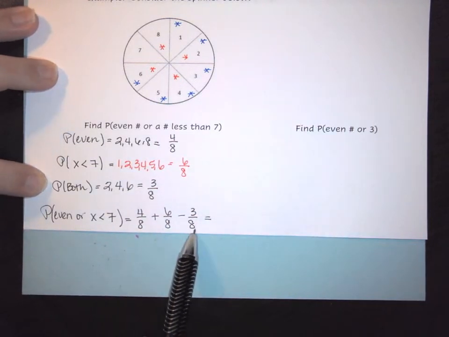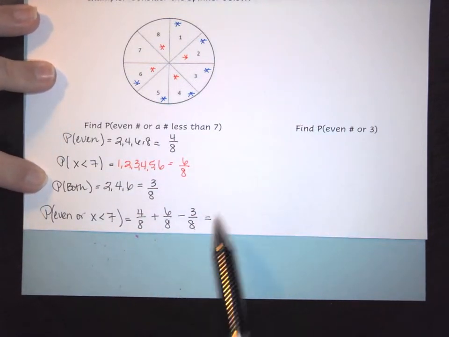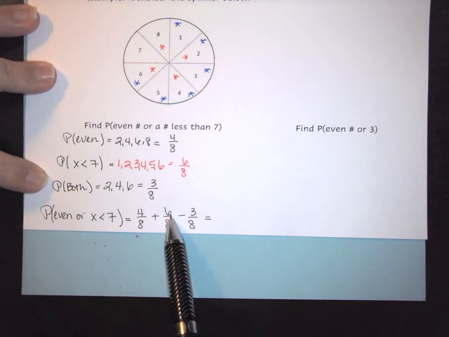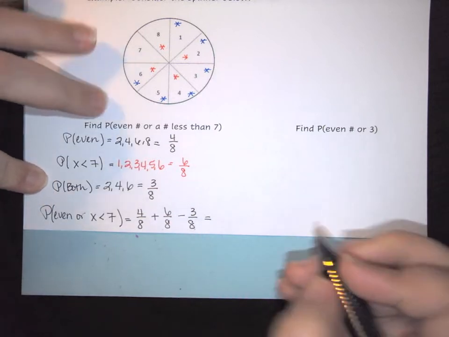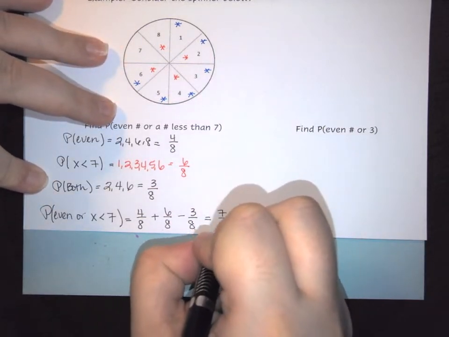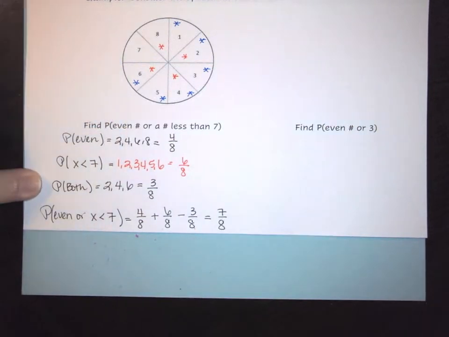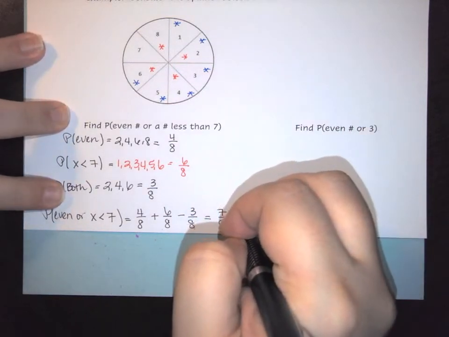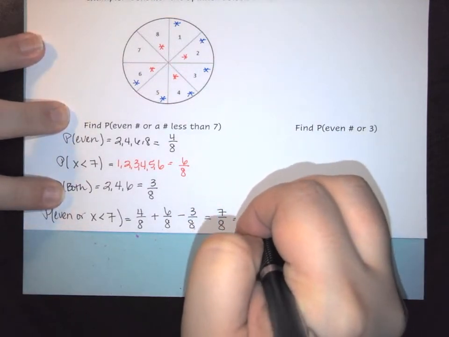Because my denominators are the same, I don't need to do anything extra. So 4 plus 6 is 10 minus 3 gives you 7 out of 8. Okay. Now in this case, we would also then write down its decimal answer. So you simply would do 7 divided by 8, and you're going to get that that probability is 0.875.